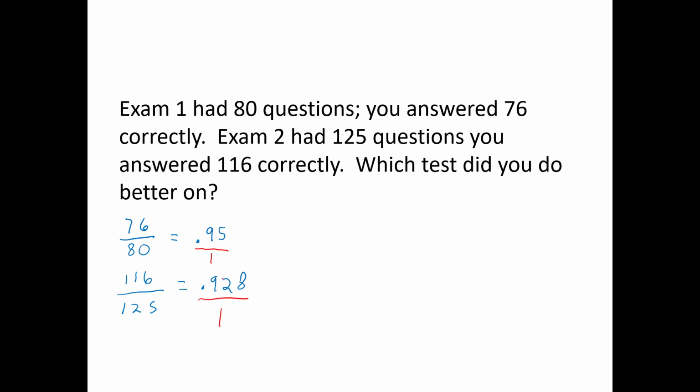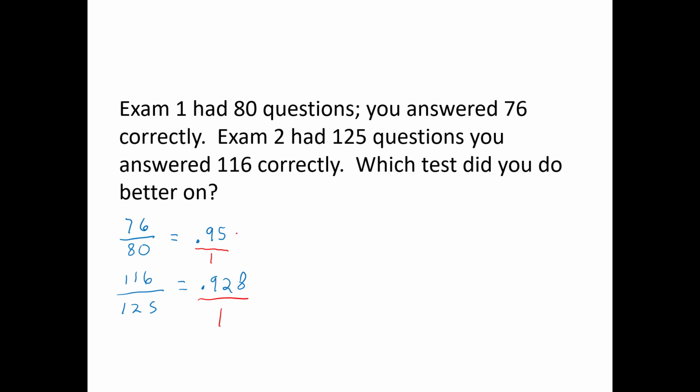The denominators are the same. But you know, that looks like a funny ratio. How did you answer questions at a rate of 0.95 for every one? So what we would like to do is get a common denominator that makes this look more like a ratio and makes it easier to compare.